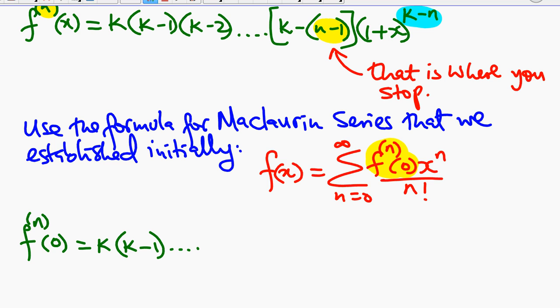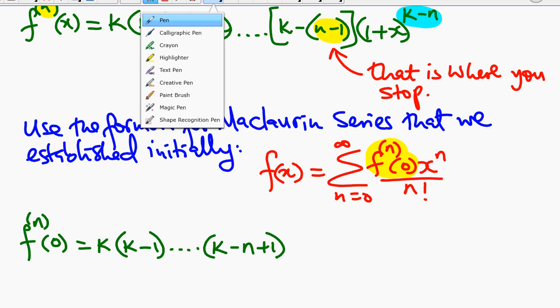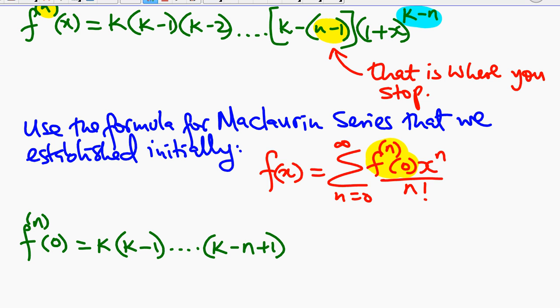I don't have to write all of this, up to where I'm going to stop, which is k minus n plus 1. You can just write it as k minus n plus 1. This bit is what I am going to plug into this formula. Okay, so what I'll end up with is f of x.